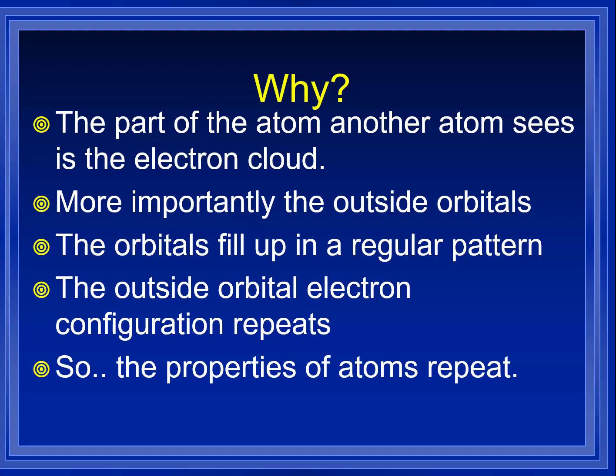If the things responsible for it repeat, then you're going to get a repetition of what happens. So if we want to predict behavior for elements and atoms, we need to look and see what their outside electrons look like. Right?